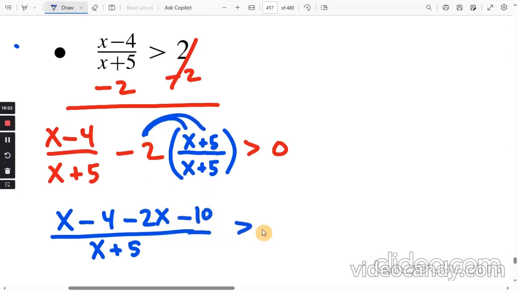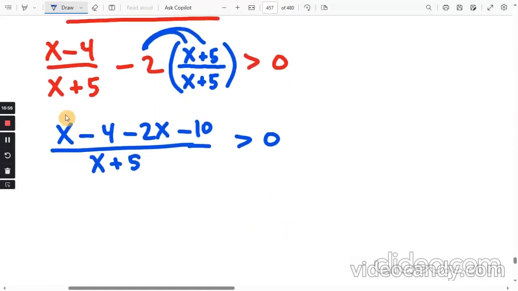All right, and that's greater than 0. Combining like terms, x minus 2x is negative x. Negative 4 minus 10 is negative 14. And that whole thing is over x plus 5.